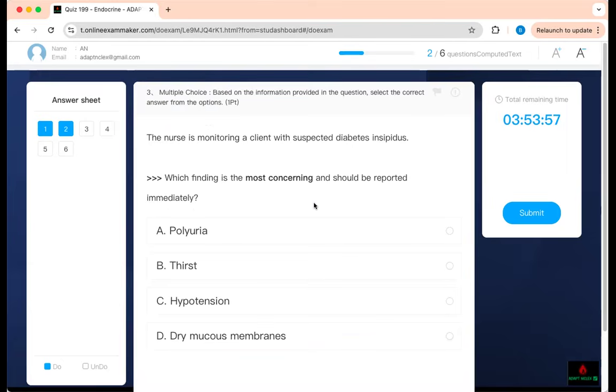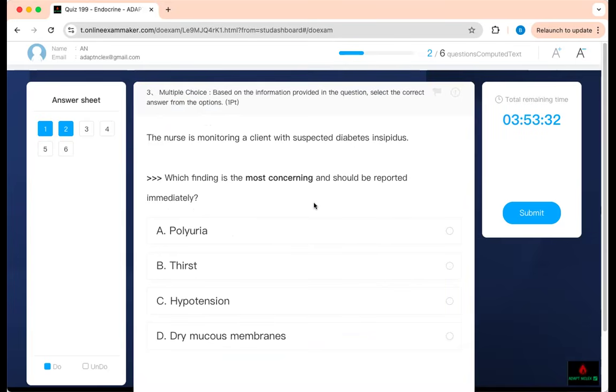Which finding is most concerning and should be reported immediately? Prioritization 101. Which one is deadly? You have one second. What would you do? A nurse is monitoring a client with suspected diabetes insipidus. You bring your content. The buzzword is diabetes insipidus. Most concerning about diabetes insipidus. I know I'm going to be thirsty. I know I'm going to pee a lot.